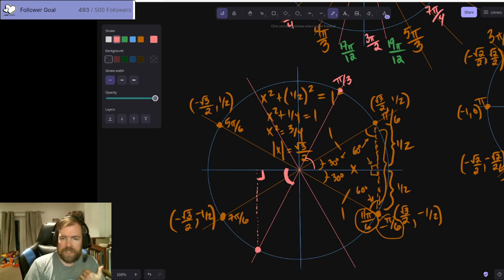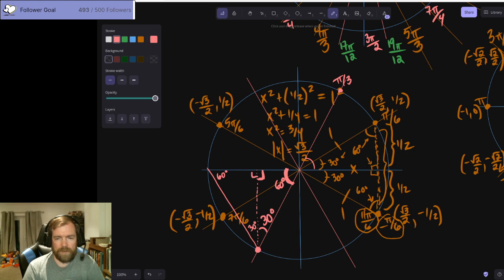It's just a 60-degree angle, which means that this one is 30, which, hey, we've done this before. We can make another 30-degree angle here with a 60-degree angle here with a 90-degree angle there.